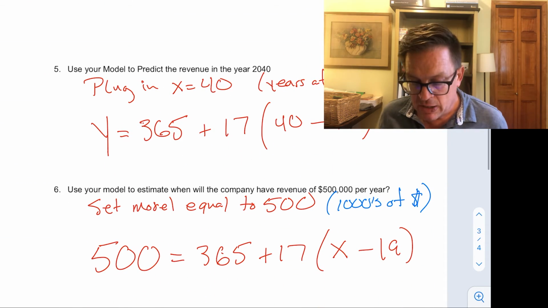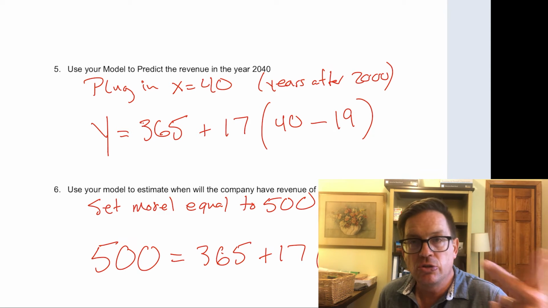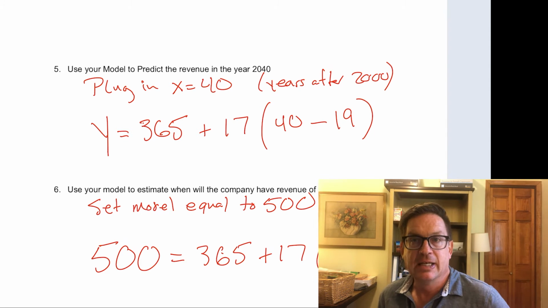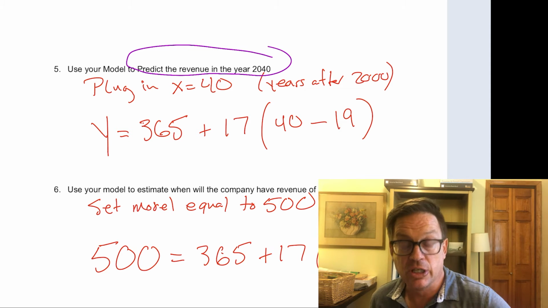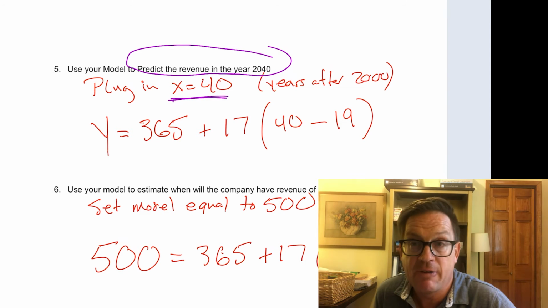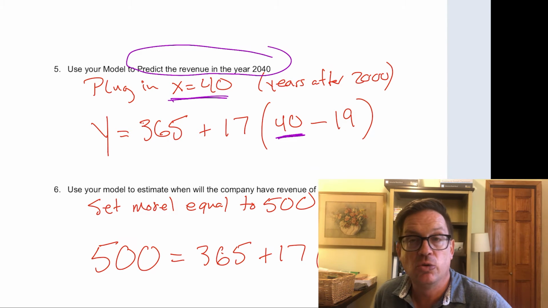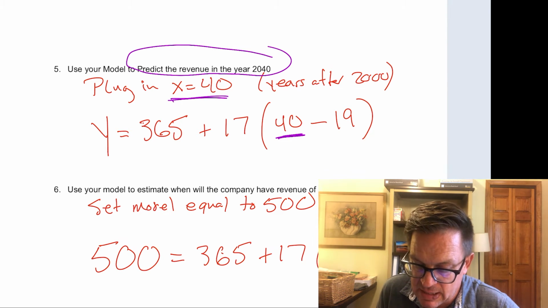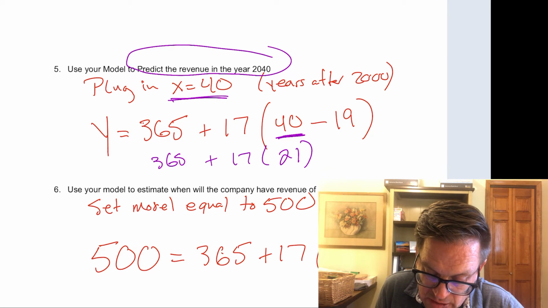So once you have your model, how do you answer questions about that? Well, there are two types of questions you could ask. Either, what is the revenue in a certain year? So I plug in the value for that year. I plug in x equals 40 into either one of my models. That says 21 years at $17,000 a year, and I start at 365.